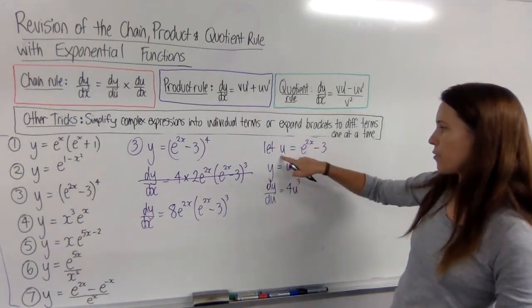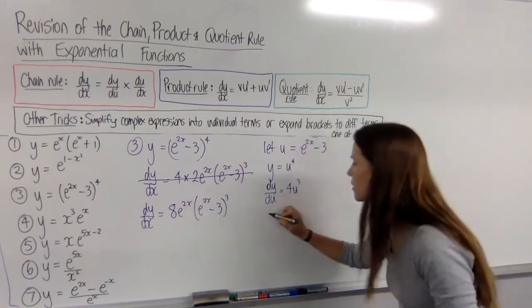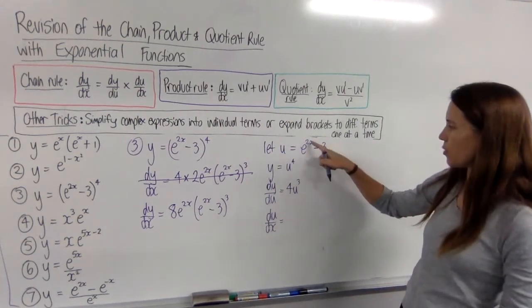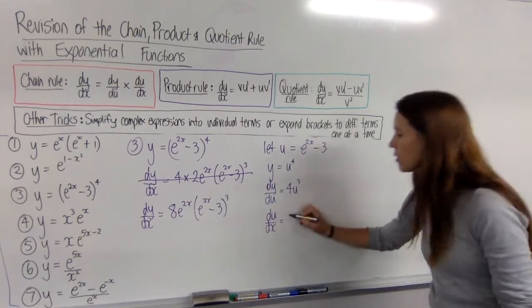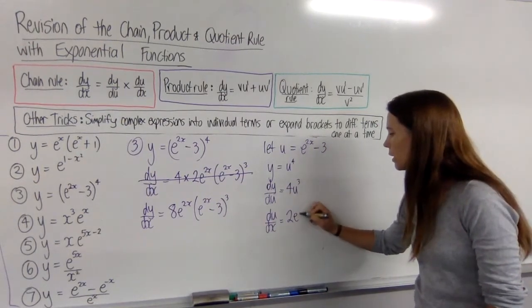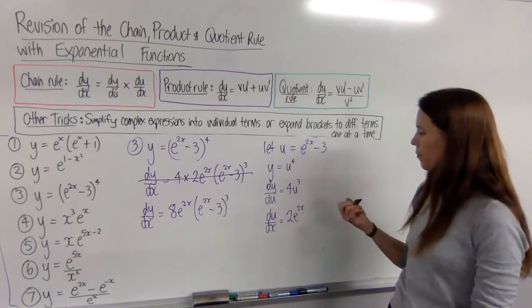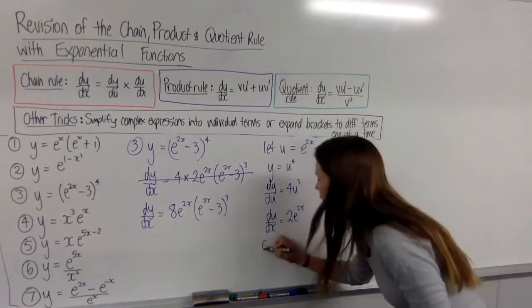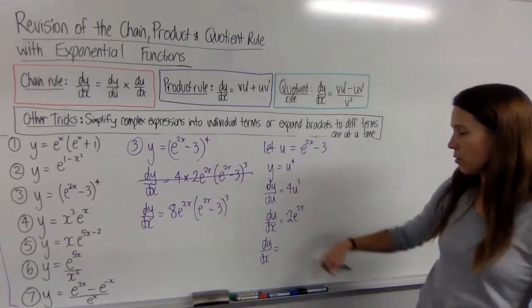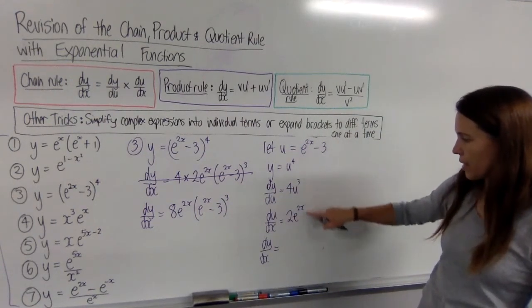And I can also differentiate u with respect to x. du dx is equal to, now I need to bring the power down, differentiate what's in the power here, and I'm going to have 2e to the 2x. Now I need to say dy dx is equal to dy du times du dx. So I need to multiply these two together.